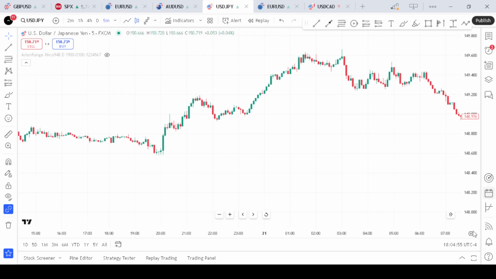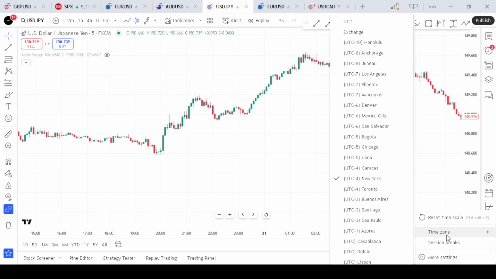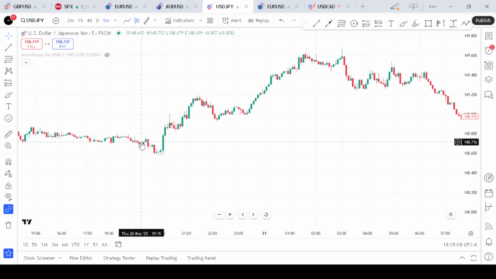We also have to set our time zone to New York time so that we'll be able to time our Asian kill zone, and this occurs between 7 p.m. to 11 p.m. in the market.